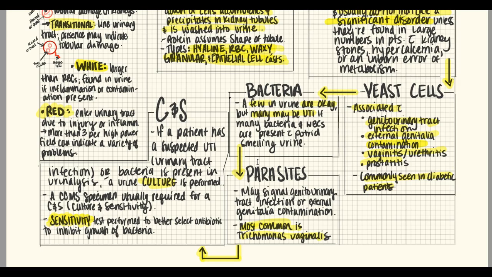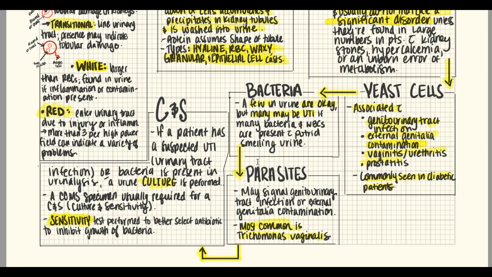So what will happen is we will get the specimen by way of clean catch midstream, and then we will take a sample of that specimen and send it to the lab. They will take a small dip of that, plate it onto a plate of agar, and culture it and grow whatever is in that urine in a couple of different methods.